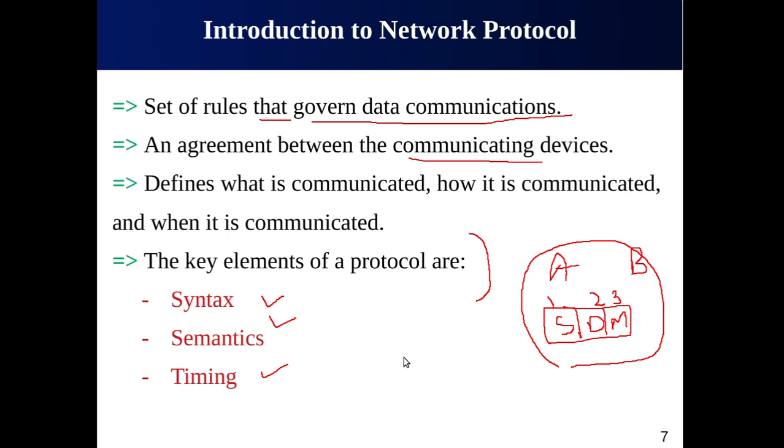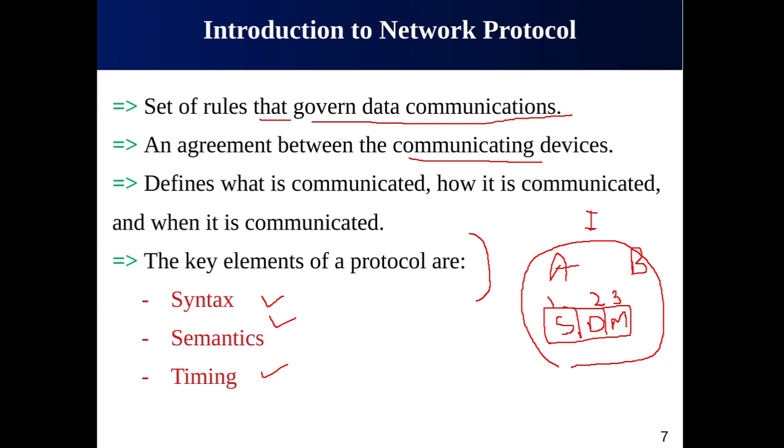Let's suppose you are sending a message from A to B, and you define a route. Is the address the address of the final destination B, or an address of an intermediate node I? So who will tell you this semantics? The protocol itself.